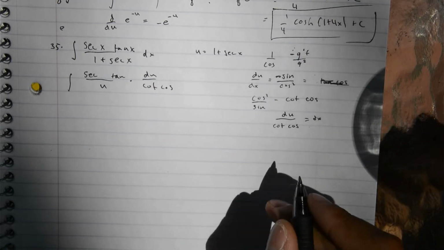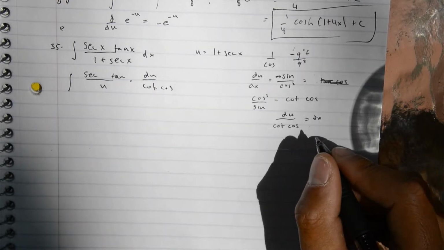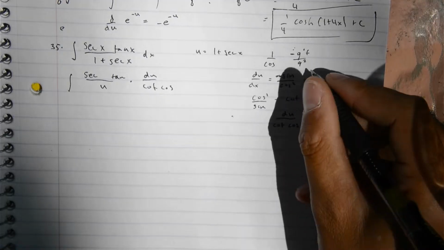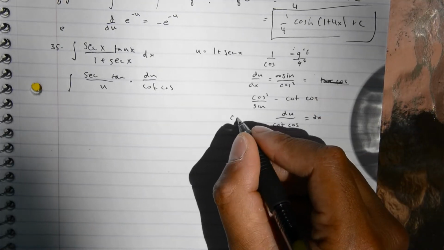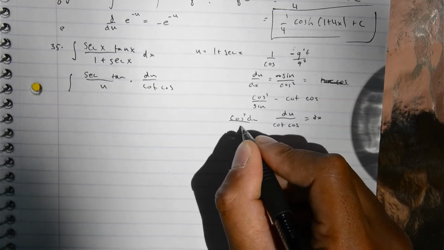We could also write it as cos squared du over sine.